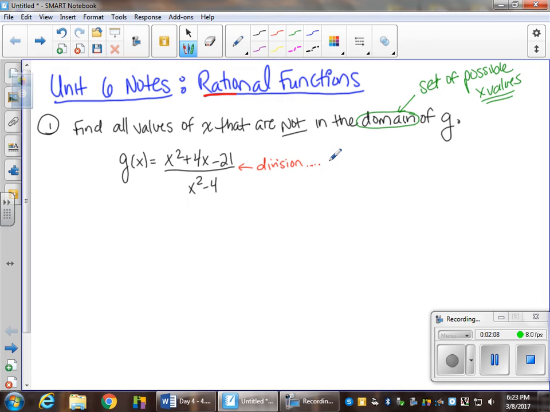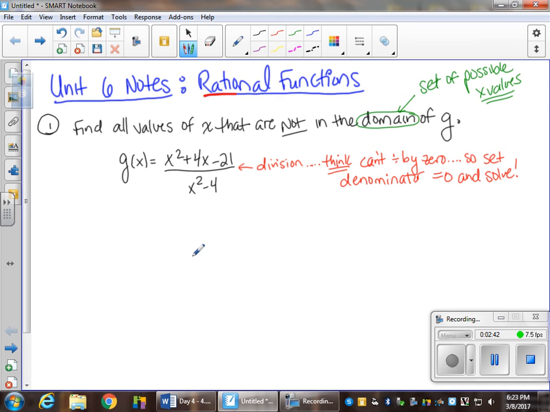So if it's division, we need to think to ourselves, we can't divide by 0, so set the denominator equal to 0 and solve.